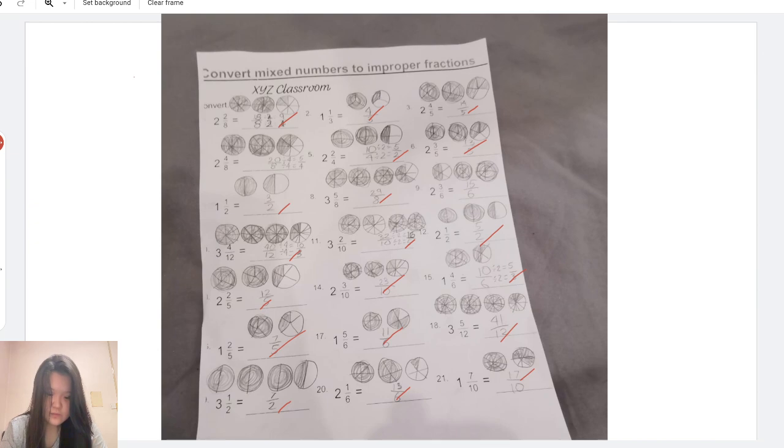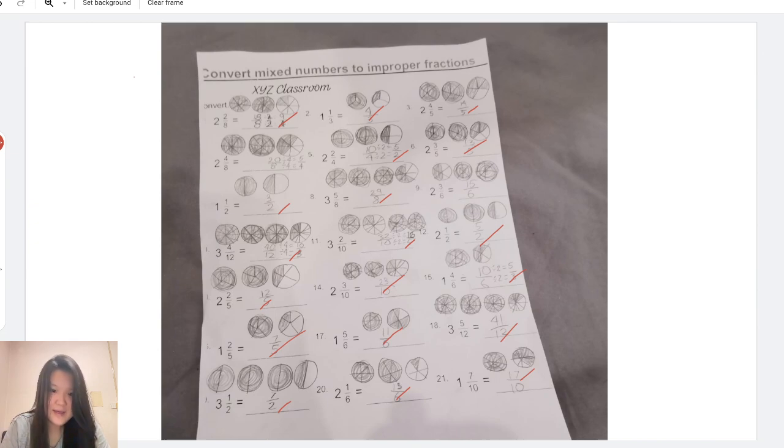Oh, the answer is wrong. Which answer? The bottom. The denominator is supposed to be 2. Right. So what happened there? I forgot to divide one more time.